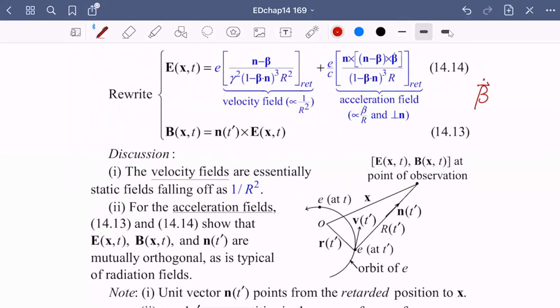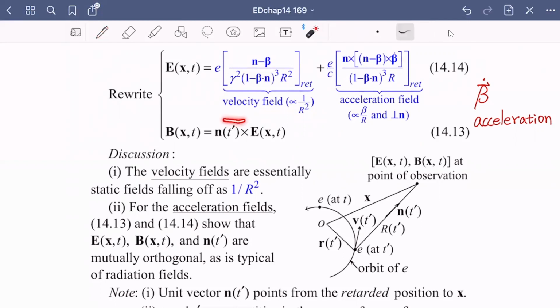That's acceleration. Normalized acceleration. Okay?